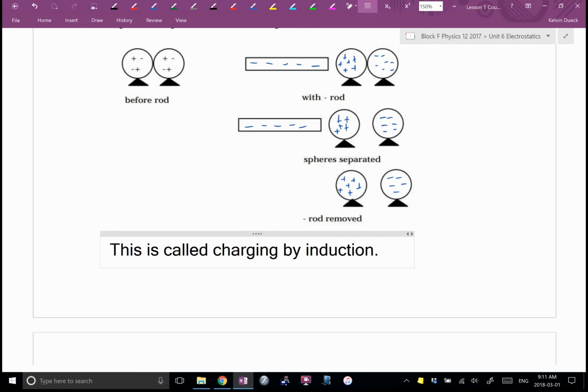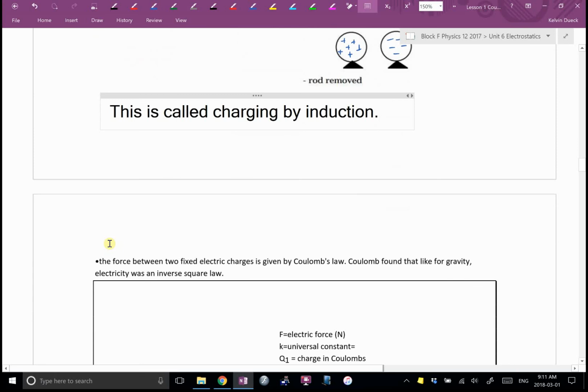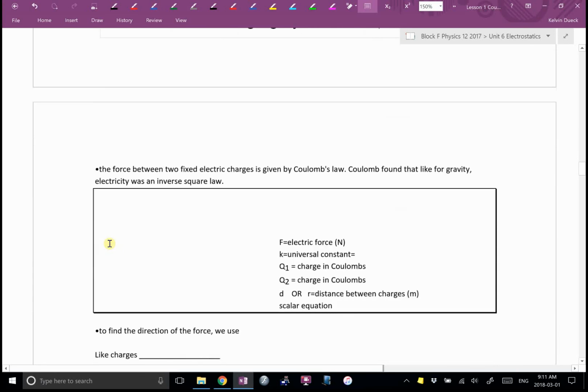Okay? A lot of this up until now is mostly setup. Here is your equation. The force between fixed charges, you saw when I took the plastic rod and brought it to the paper, was attracted. There was clearly a force between them. It can be calculated with Coulomb's law.